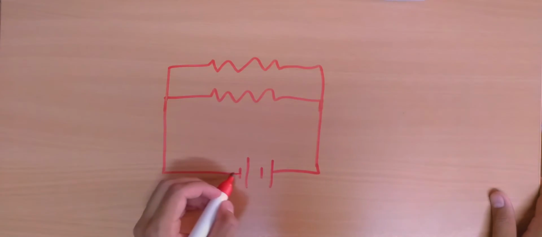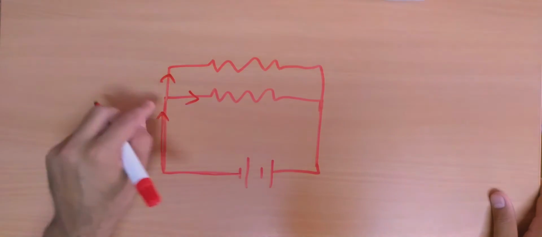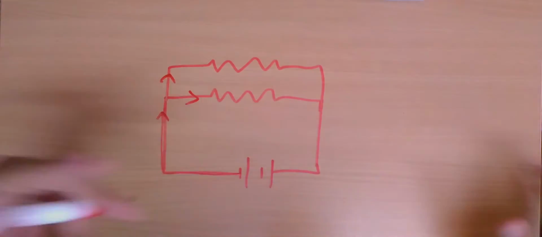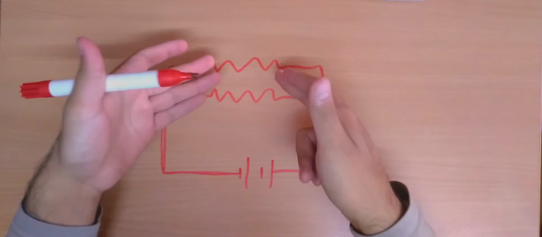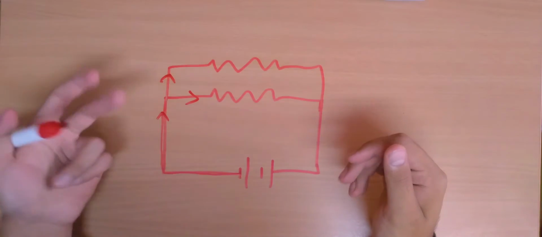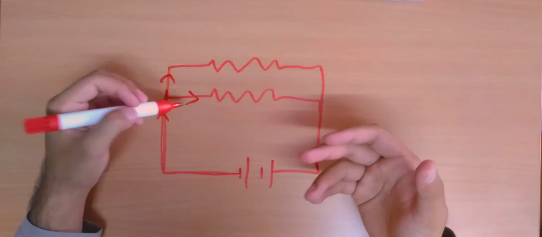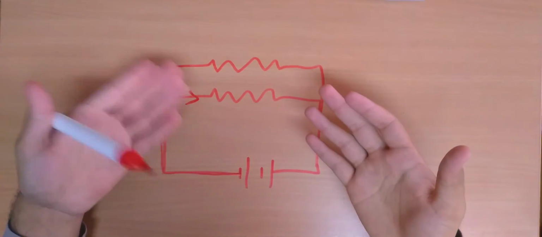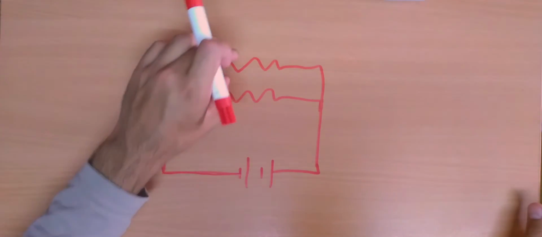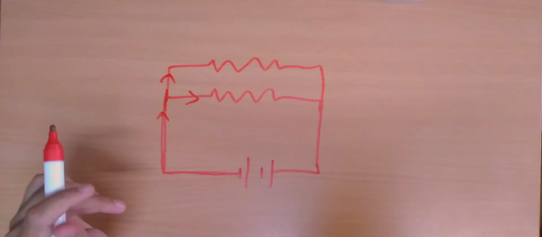So now if we have some current moving in this direction, obviously the current divides and some current moves there and some current moves in this resistor, and the amount of current in the two resistors depends on the resistance of each resistor. And so what we say is that when we have a parallel connection of resistors, the current divides, and it may divide in any ratio depending on the two resistances. So yeah, that is what happens when we have a parallel connection of resistors.